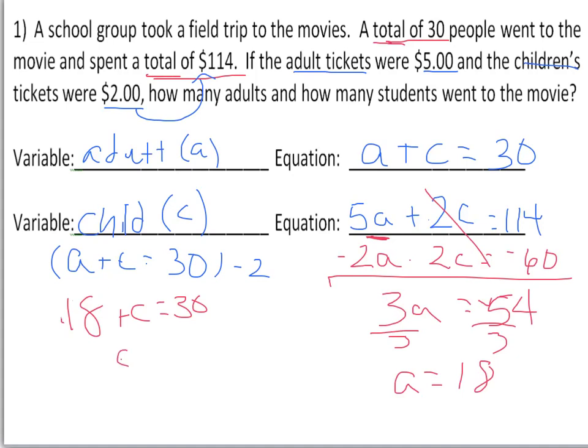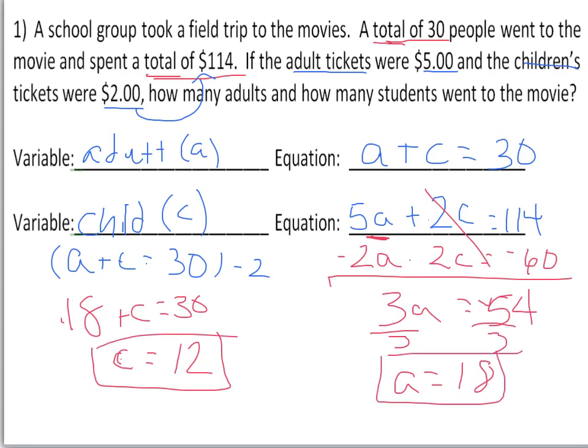Solve for C. C equals 12. Okay. So I have 12 children tickets and 18 adult tickets. Now, for systems of equations, we've been writing all of our answers as ordered pairs. Since this is a real world problem, it's not X's and Y's, it's not two lines crossing on a grid, we're going to leave it as this.